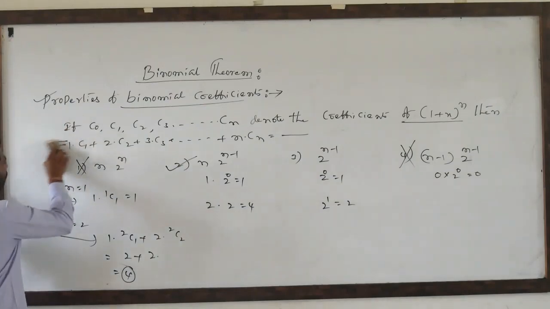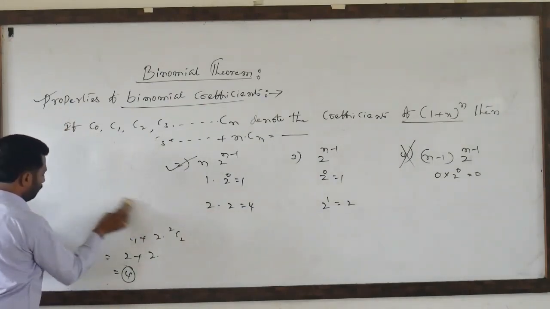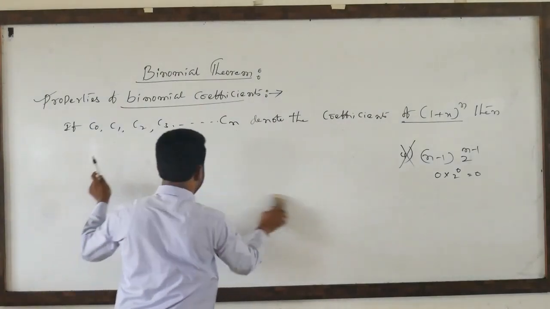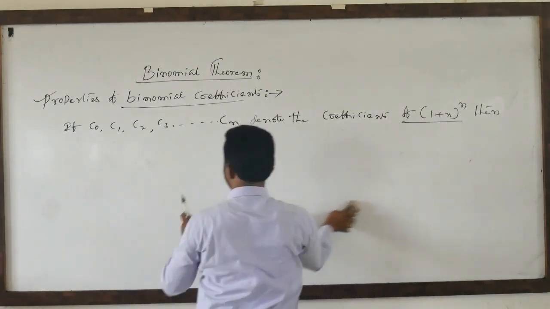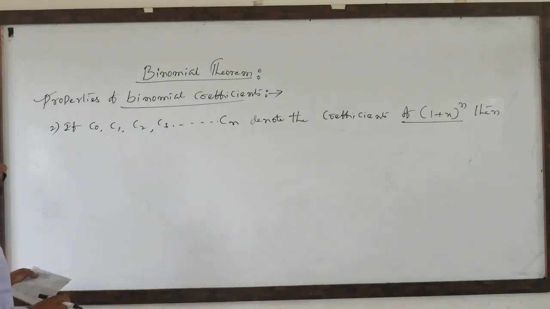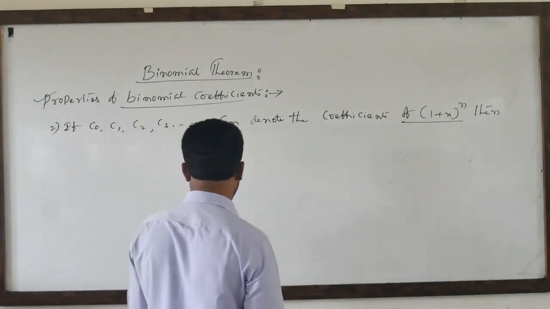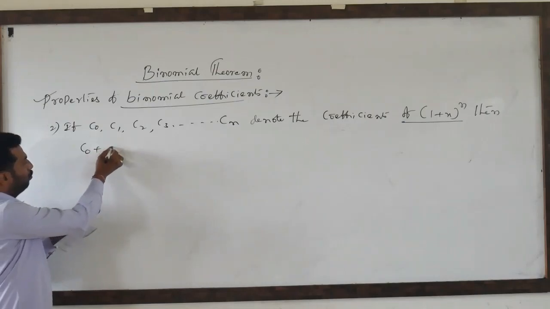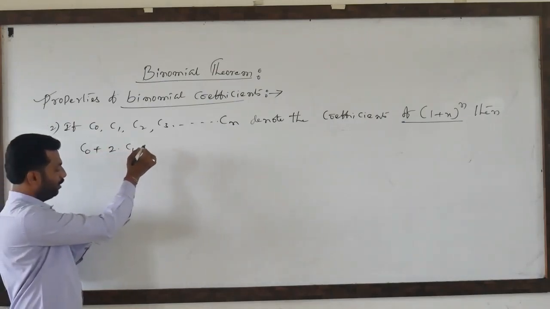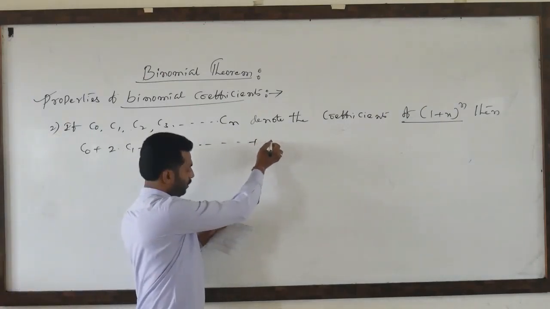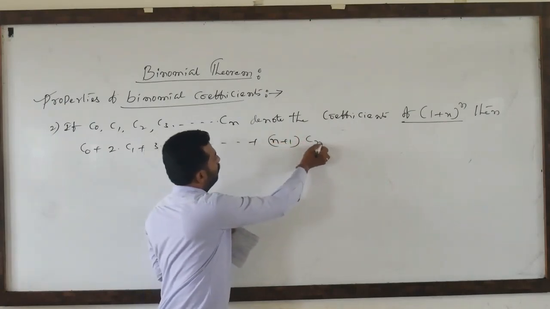Next, question number 2, we'll see. If C0, C1, C2 and so on Cn denote the binomial coefficients of the expansion, then they are asking the value of C0 plus 2C1 plus 3C2 and so on, that is, n plus 1 into Cn.